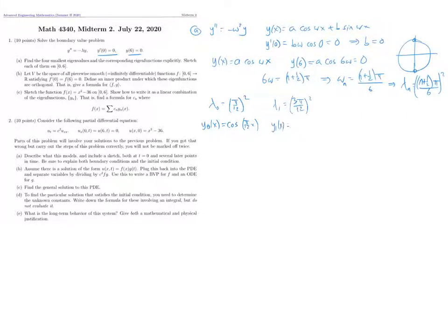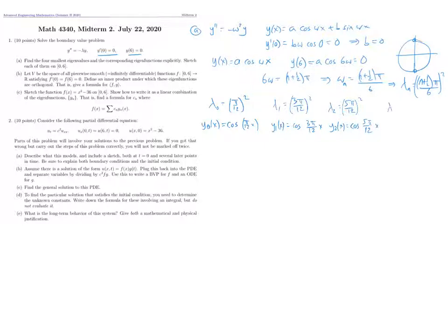y1 of x is cosine of 3 pi over 12 x. Lambda 2 is (5 pi over 12) squared, and y2 of x is cosine of 5 pi over 12 x.